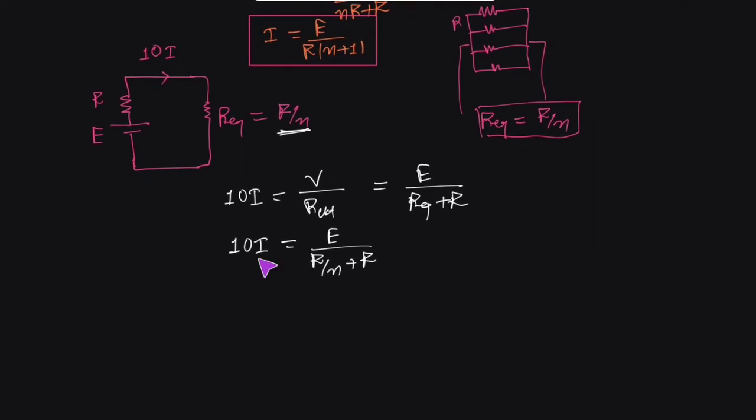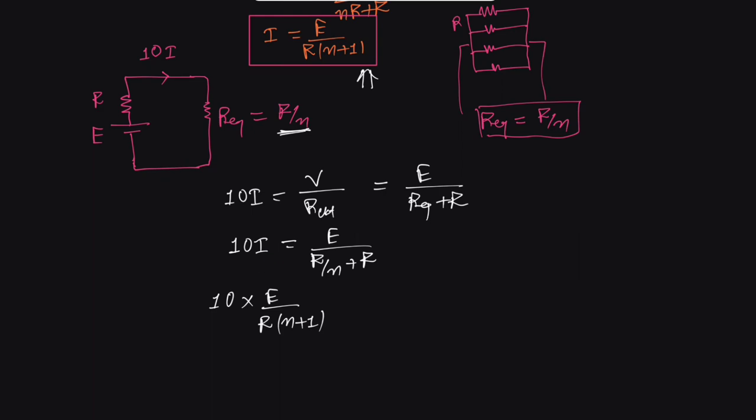Now we know the value of I from the earlier equation, so we can write the value of I here. This will become 10 times, in place of I, E upon R into n plus 1.